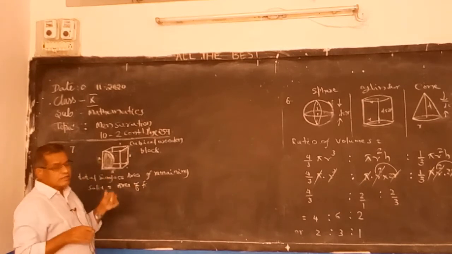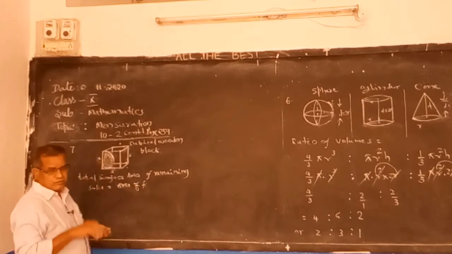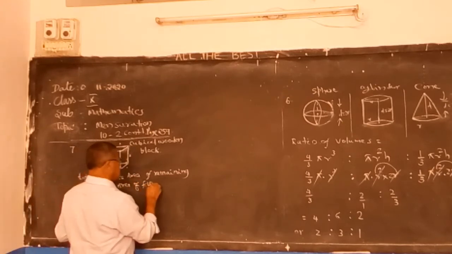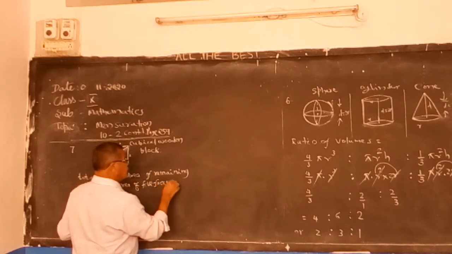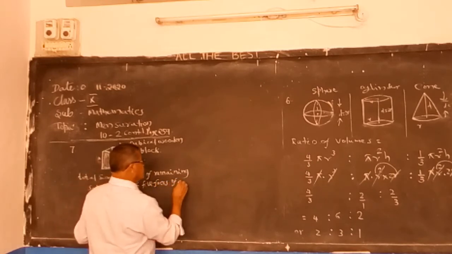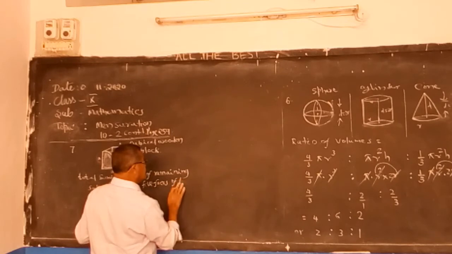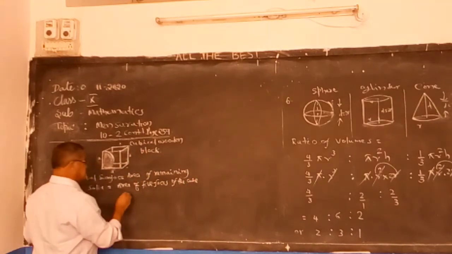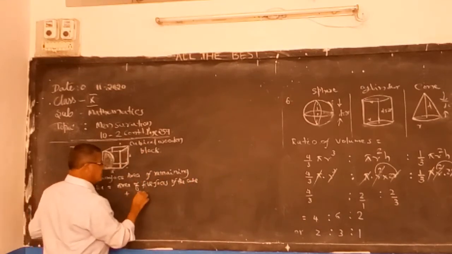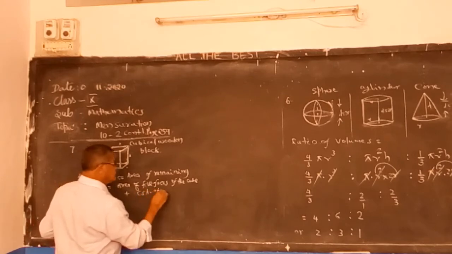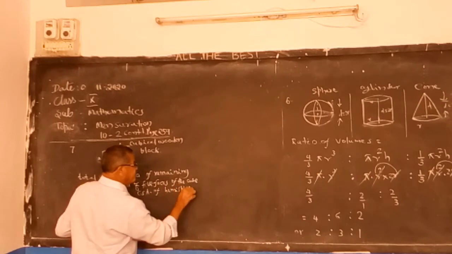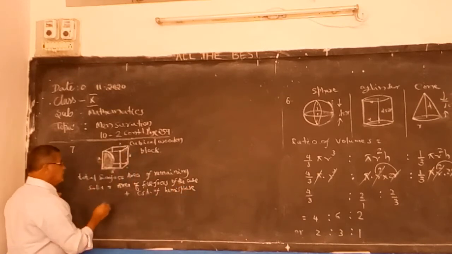So the area of 5 faces of the cube plus the CSA of the hemisphere.